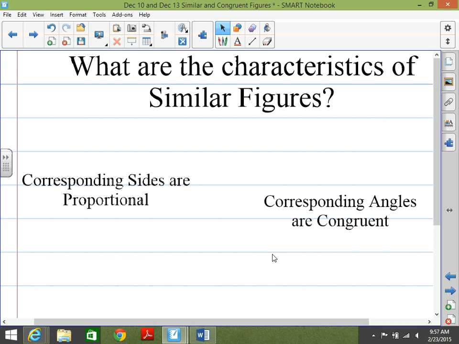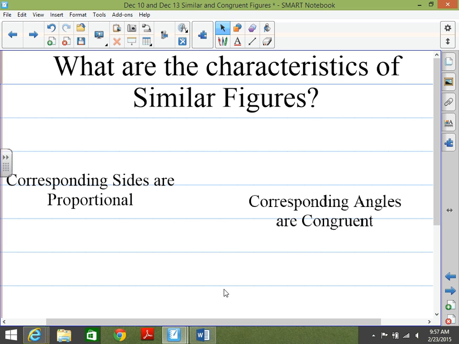Okay, next. Corresponding angles are congruent. Corresponding sides are proportional. Corresponding angles are congruent.